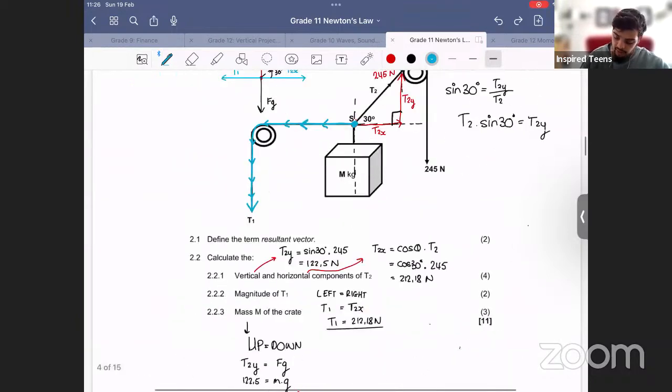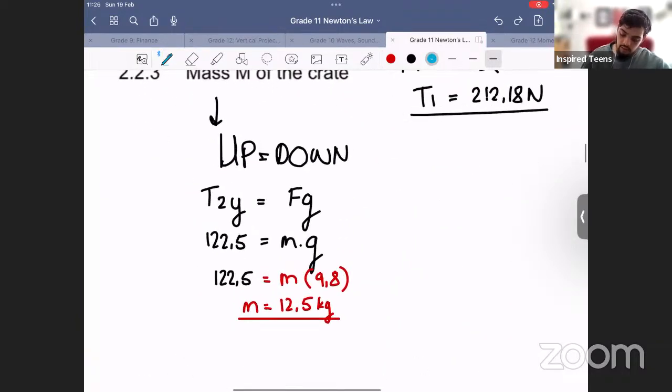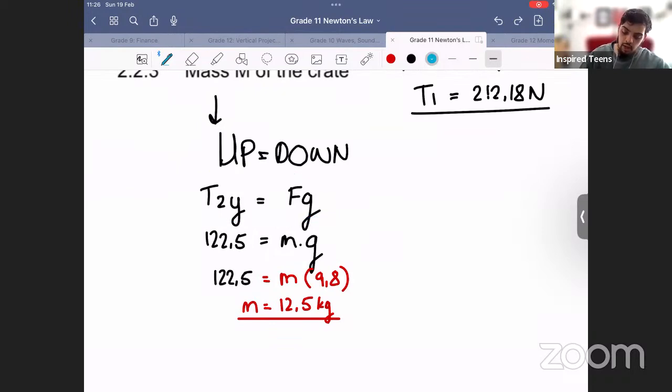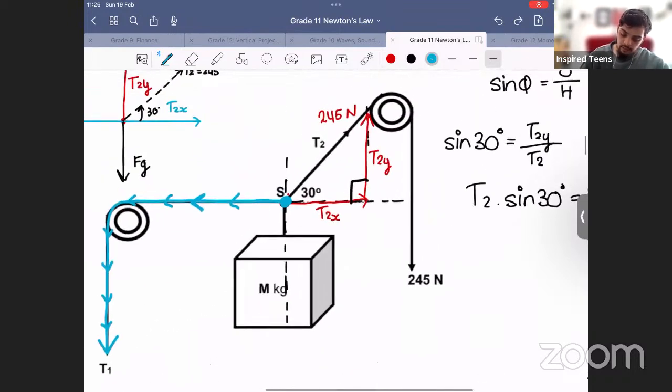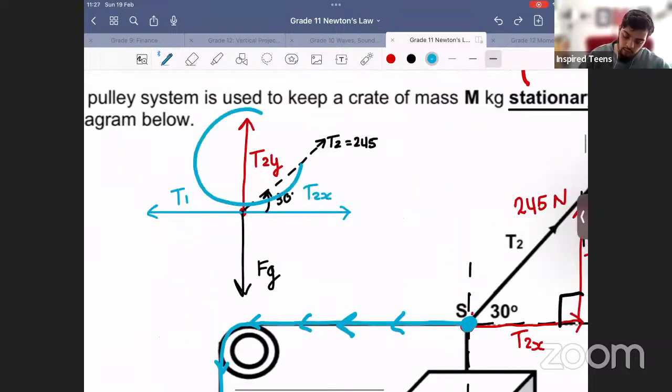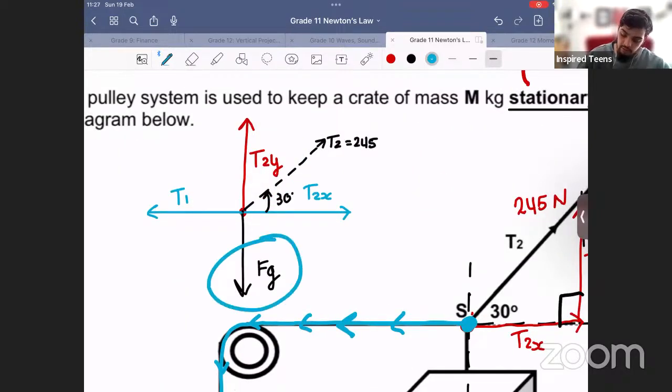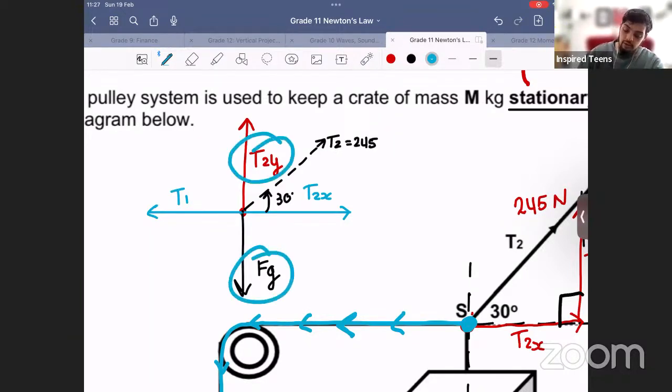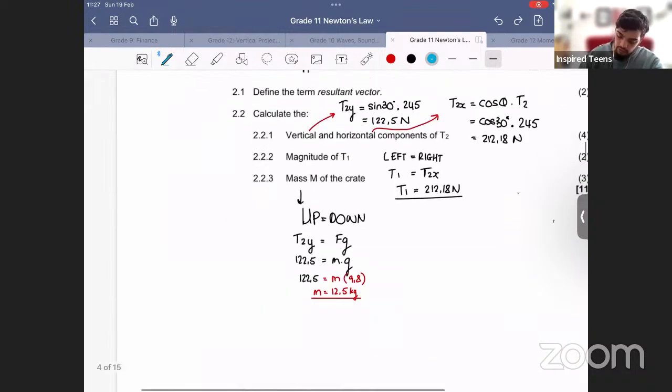How did you get 12.5 kgs? Up forces are equal to down forces. T2y is equal to Fg. So that's how we created the equation.